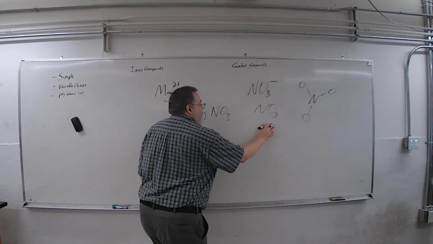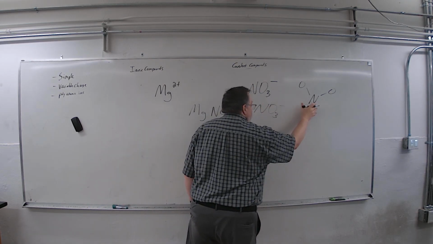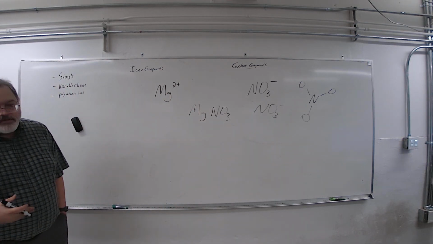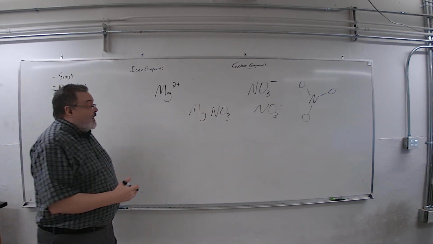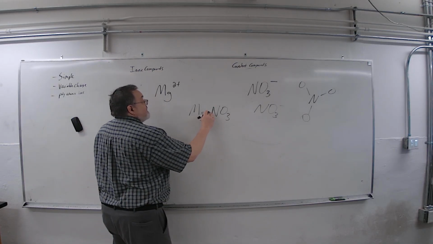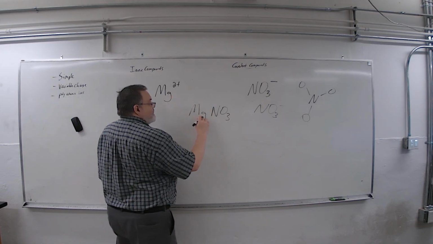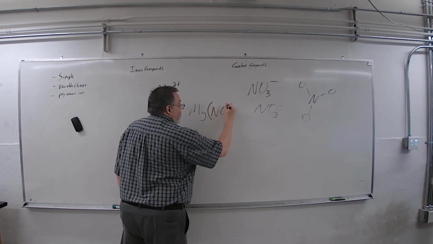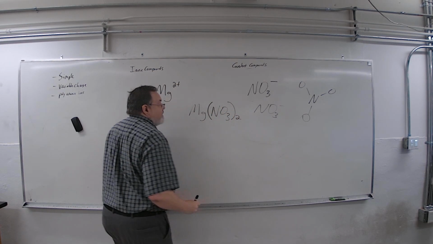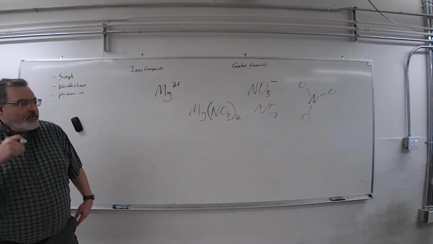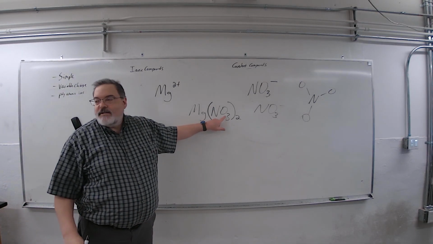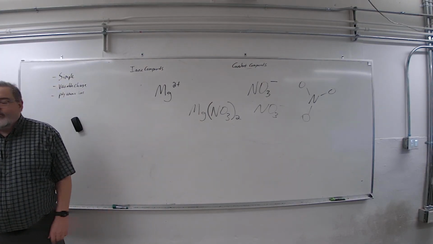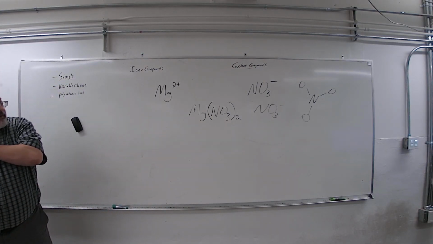So that's where the N and the O3 come from. The formulas for molecules I haven't really gotten to yet. But that's why I'm writing NO3. There's a nitrogen and 3 oxygens. I need 2 of these to balance this. So when you need to put a subscript on a polyatomic ion, you put it in parentheses. Just so it's distinct from this. Otherwise, that would look like 32. See what I'm saying? All right.